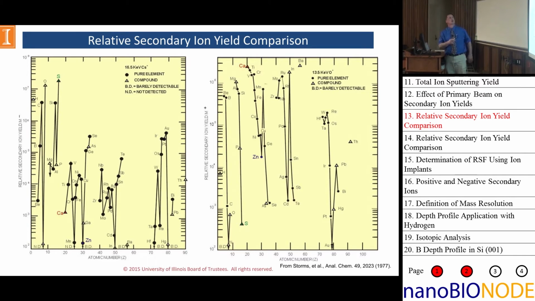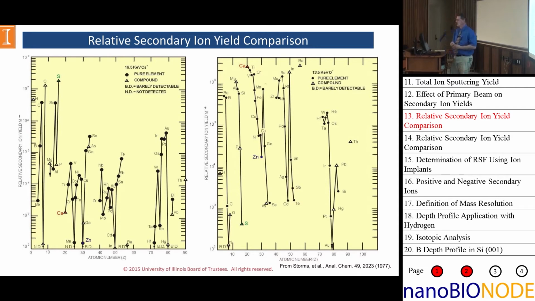This is another way of plotting that same idea. The relative secondary ion yield, cesium with negative secondary ions, oxygen with positive secondary ions, highlight different things. So over here you can see calcium, zinc, they're pretty low, but if you go to oxygen you get good calcium. Zinc isn't really good.